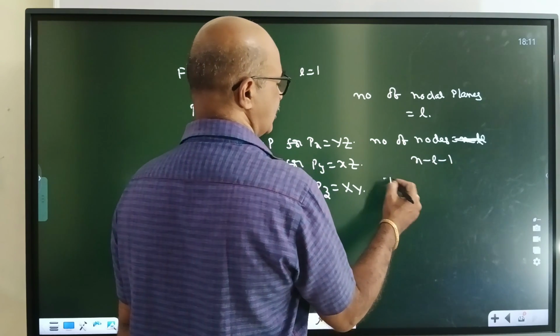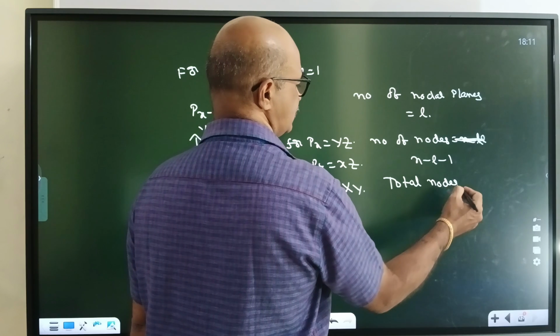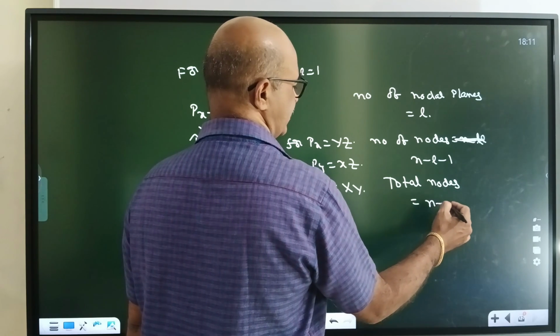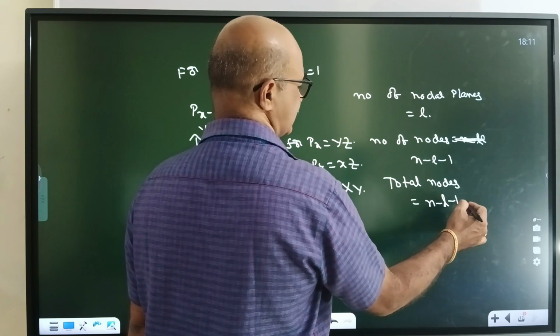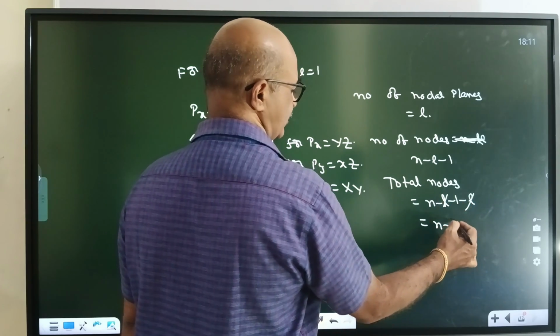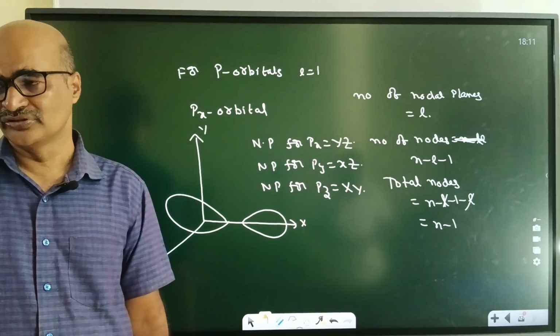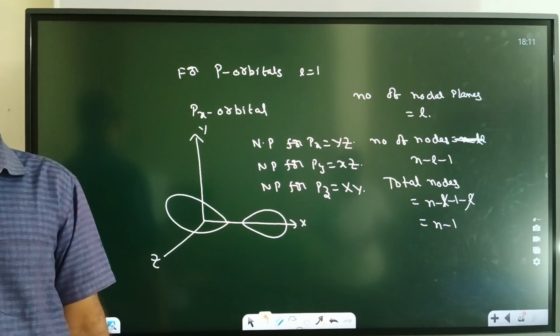Total nodes is equal to n minus l minus 1 plus l. The l's cancel, that is equal to n minus 1. Nodes are also called radial nodes. Nodal planes are also called angular nodes.